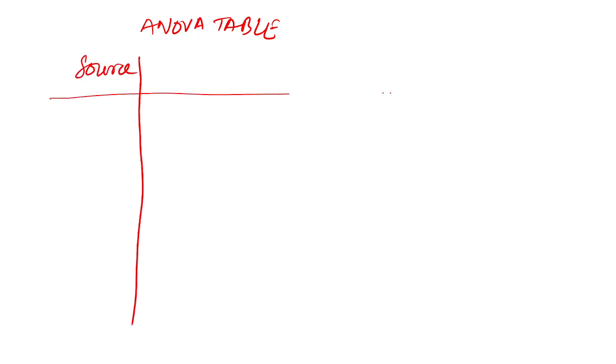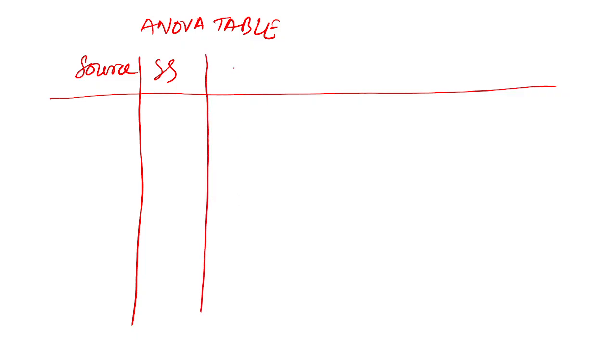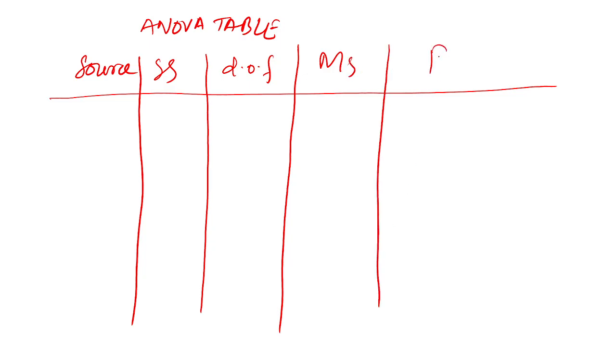So now we are able to make the ANOVA table. First one will be the source, then we'll have the SS, then the degrees of freedom, then the MS, then we'll go to F.